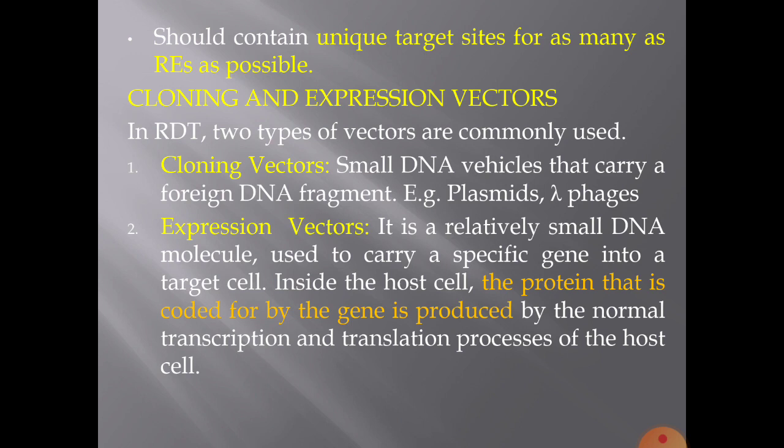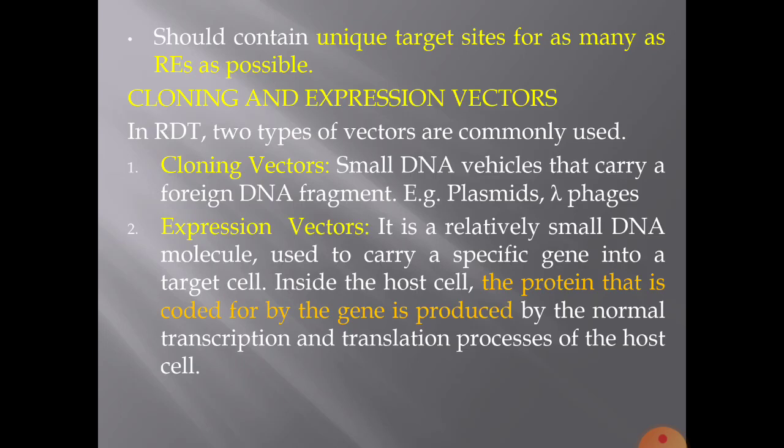The retrieval of proteins is not the motto. So it is a small DNA vehicle that carries a foreign DNA fragment. The best examples are plasmids as vectors and lambda phages, which are a type of bacteriophage. Now, we are studying mainly cloning vectors as per your syllabus.